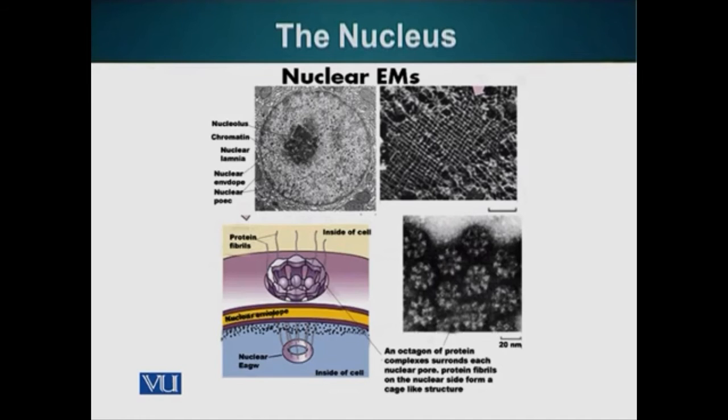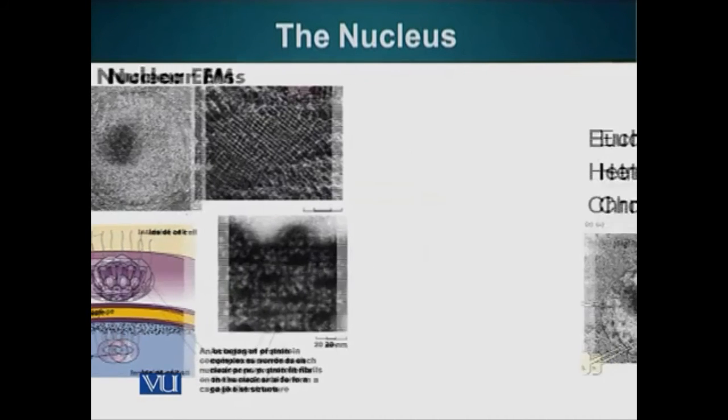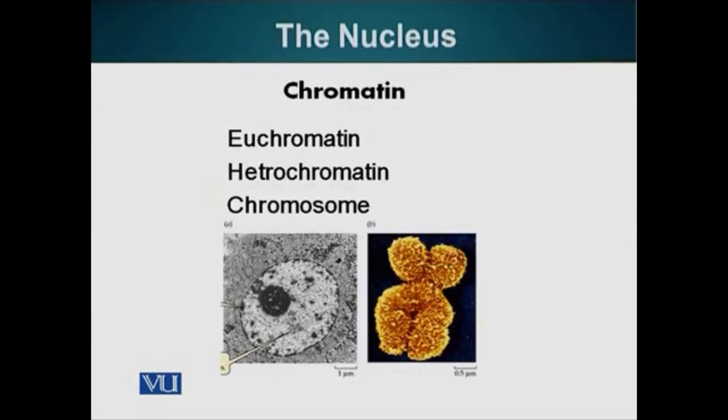As we know, nucleic acid or the DNA is arranged in chromosomes inside a eukaryotic nucleus. During cell division, this chromatin, this DNA is condensed and it forms discrete structures called chromosomes.